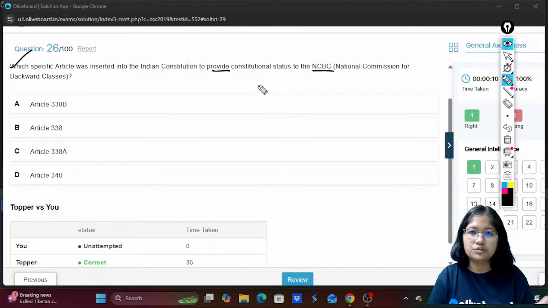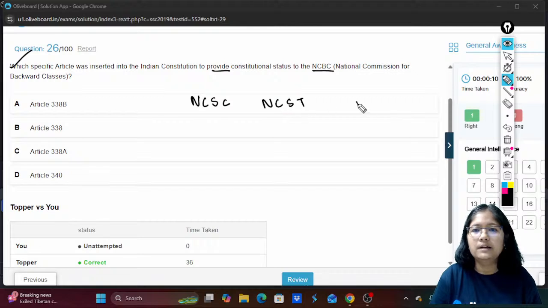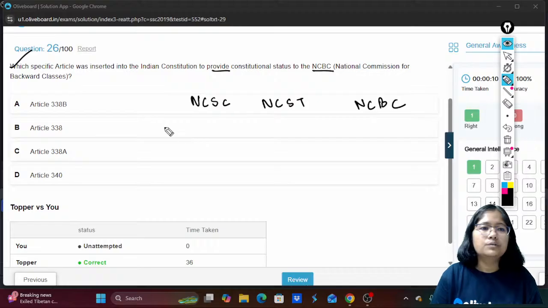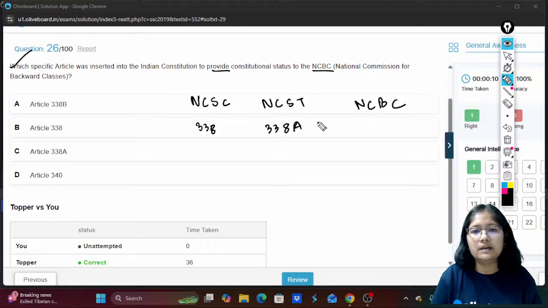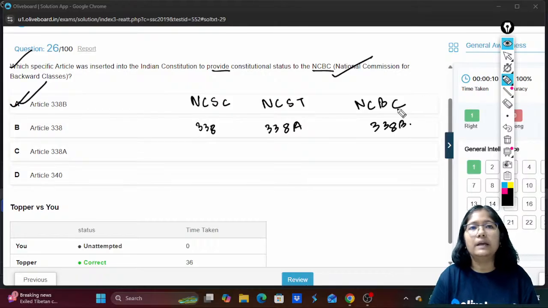When you study the constitutional bodies and other constitutional bodies in polity, in that topic you study that there is a National Commission for Scheduled Caste, National Commission for Scheduled Tribe, and NCBC, National Commission for Backward Classes. So when you study that, it is 338, 338A and 338B. Here they have asked about NCBC, so the answer will be 338B.